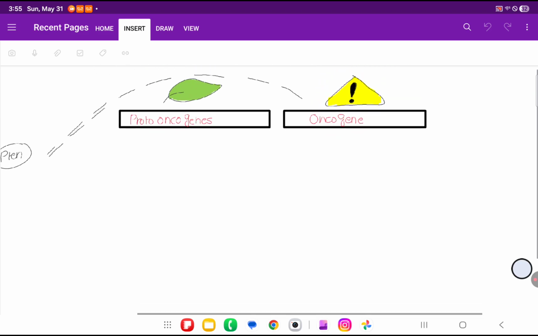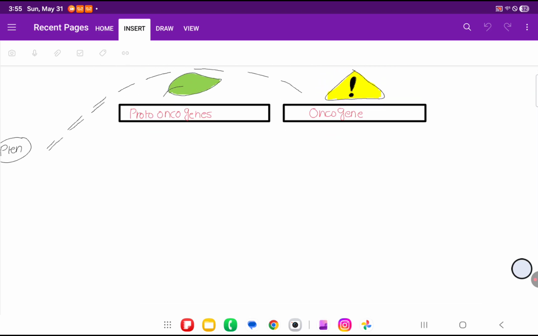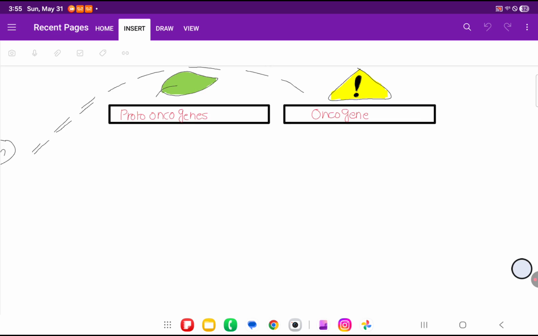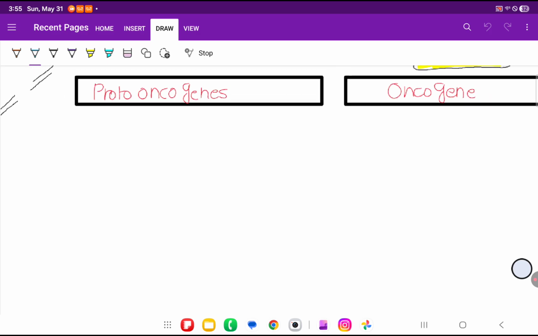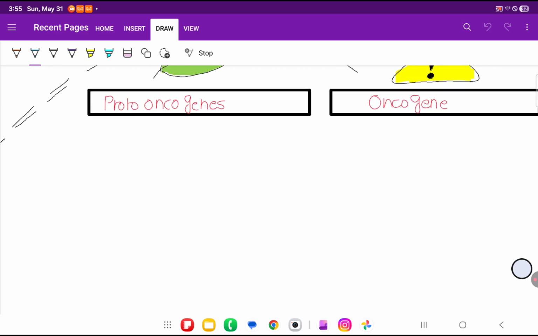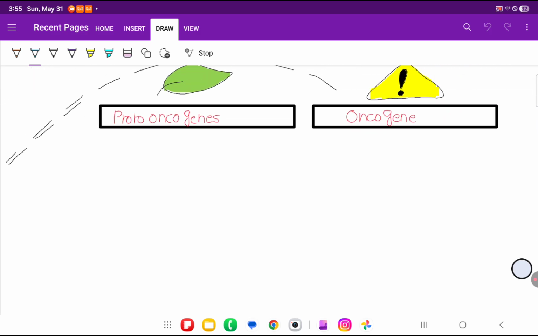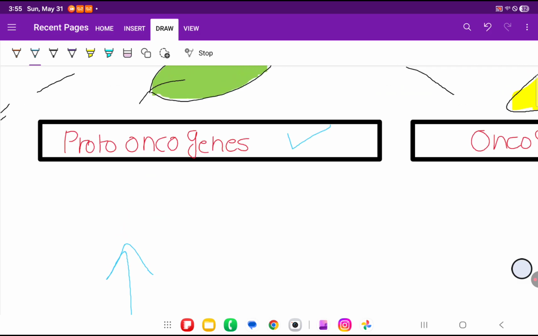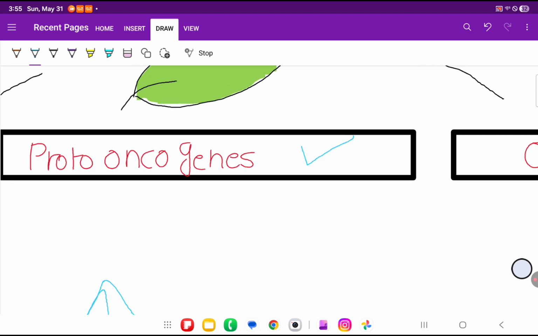In the body we have life signals that basically promote life, and they are called proto-oncogenes. So when we have the genes that are normally making proteins that support growth and survival, they are called proto-oncogenes, and they support life.